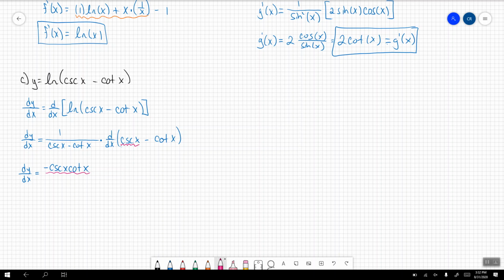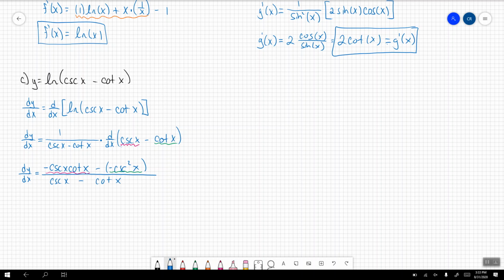There we are. The derivative of cotangent is negative cosecant squared x, and that's for the second piece. All of this is still divided by cosecant of x minus cotangent of x.